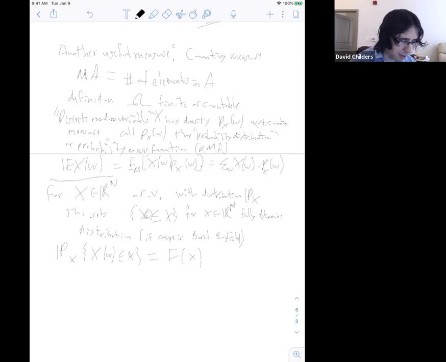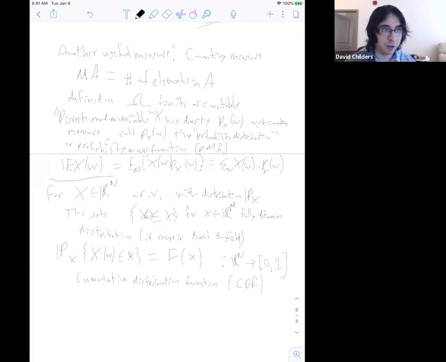And so this is a function that we call, so this is from Rn to, because it's a probability measure, somewhere between 0 and 1. And we call this the cumulative distribution function, or CDF, of the random variable X.